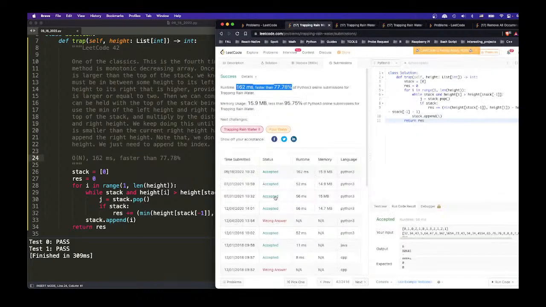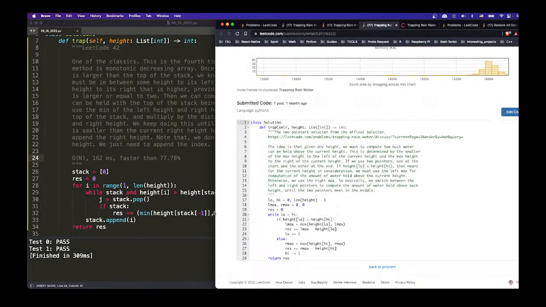I constantly forgot about the 2-pointer solution. I mean, technically, this is a 2-pointer. How much water can be held above the current level? The left of, oh yeah, that's the same idea. The smaller to the left.